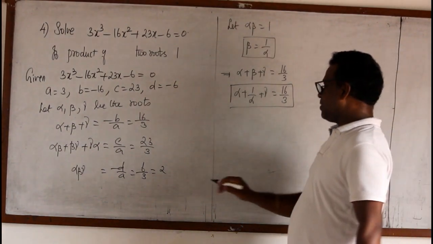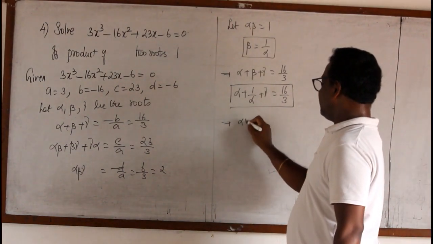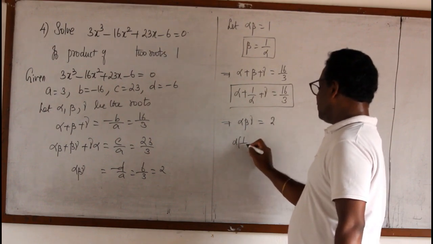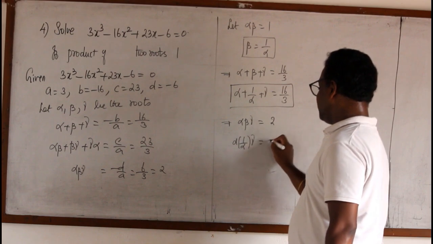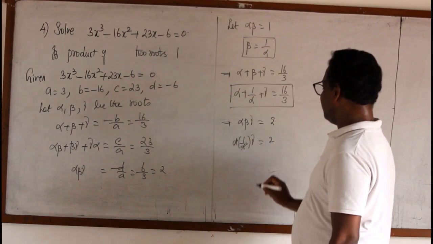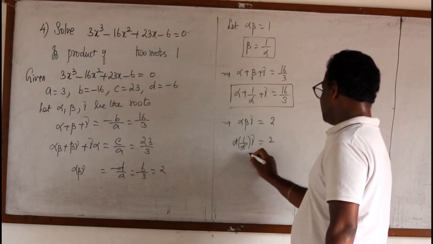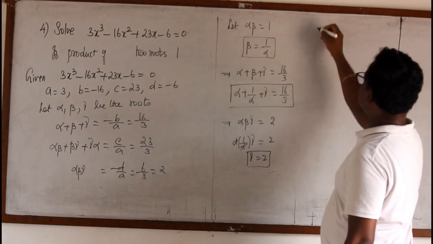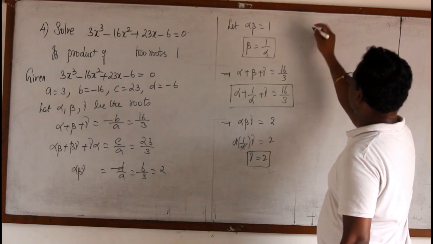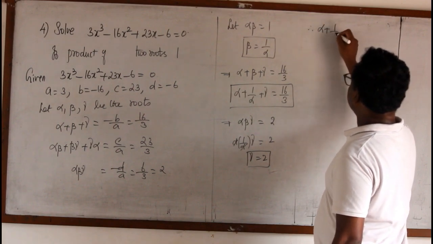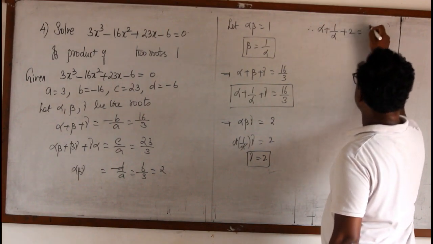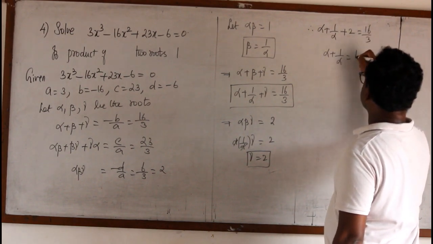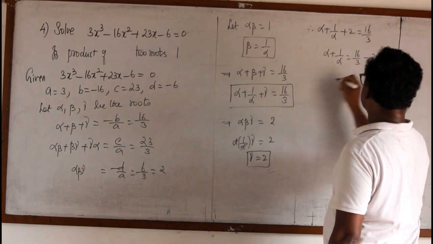Now, if I take the product, alpha beta gamma is 2. Alpha into 1 by alpha into gamma is 2. Therefore, alpha cancels, gamma is 2. So, if I substitute gamma as 2 here, then alpha plus 1 by alpha plus 2 equal to 16 by 3.